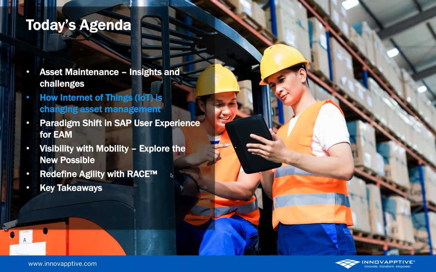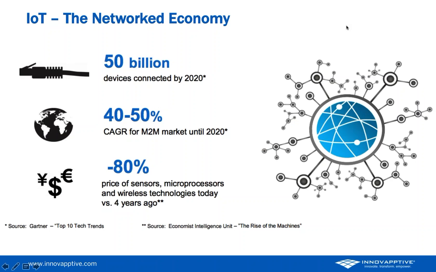I will jump into IoT briefly here. The next slide just shows something that all of us have seen over and over, the number of connected devices. The number of connected devices continues to explode. The price of sensors and wireless technologies continues to drop.